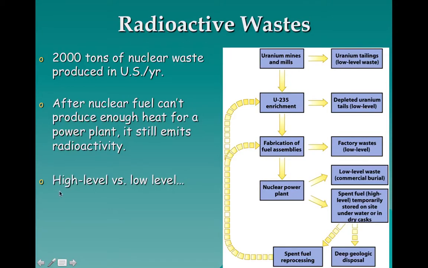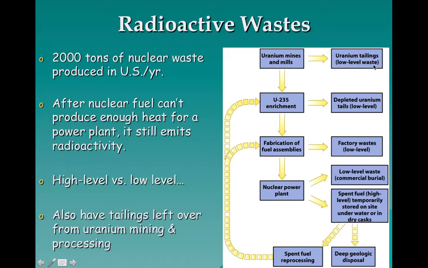There's high level versus low level radioactive waste, and you can see that here. There's also these tailings, which is what's left over after the uranium is mined, and that's another component of the waste.